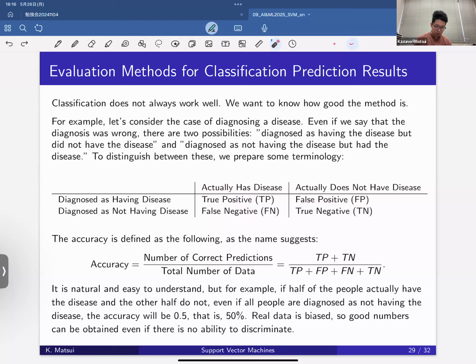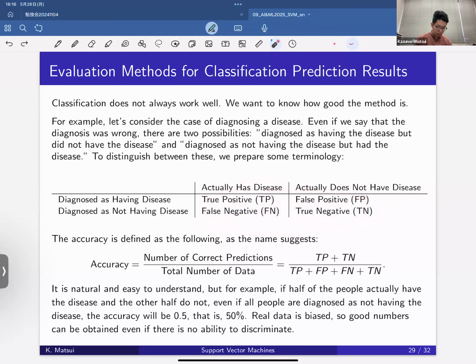So let's call the number of true positives TP, the true negatives TN, the false positives FP, and the false negatives FN. In that case, the total number of data points is the sum of these four.